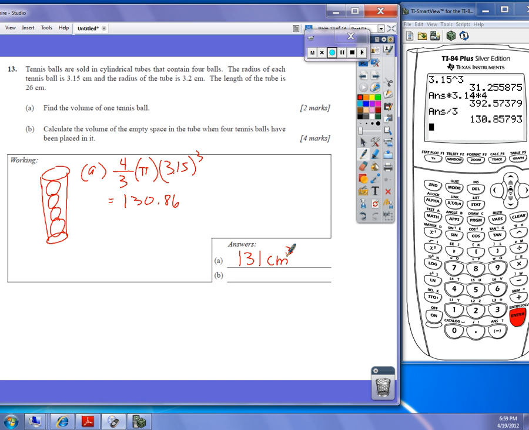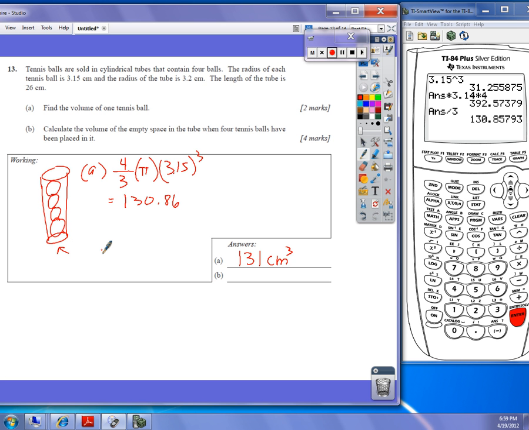So now we're going to calculate the volume of the empty space. Well, I don't know how much empty space there is until I figure out what the volume of the cylinder is. So the volume of the cylinder is the area of the base.